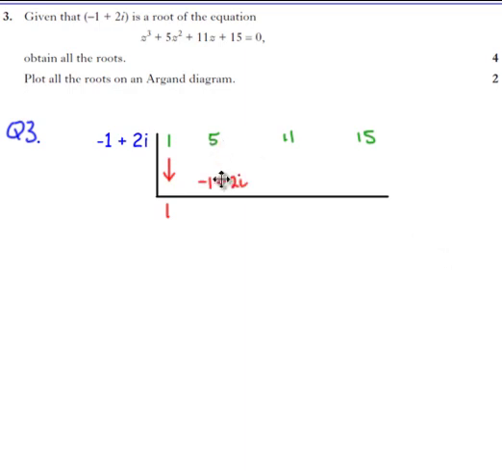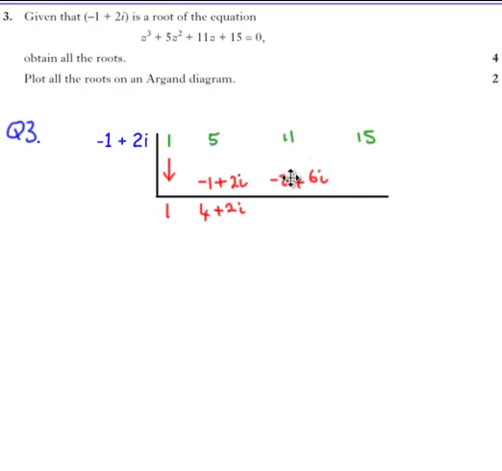The 5 plus the minus 1 plus 2i, the real bits will combine, and that will be 5 minus 1 is 4 plus 2i. Minus 1 plus 2i times 4 plus 2i, if we do that calculation, we end up with minus 8 plus 6i.